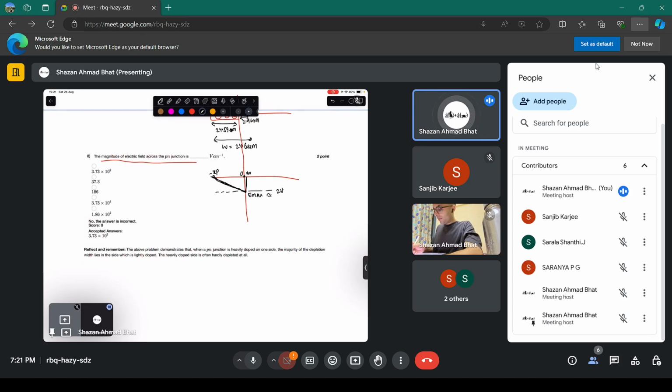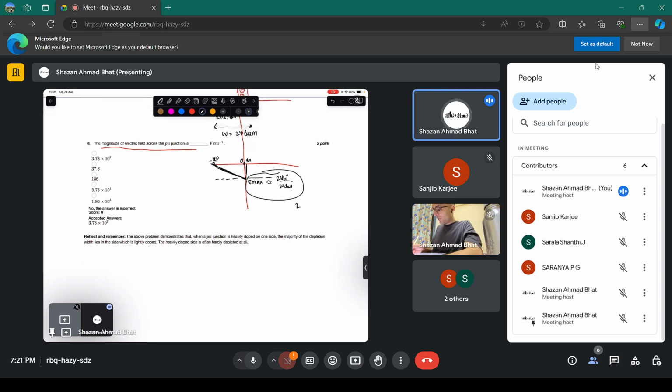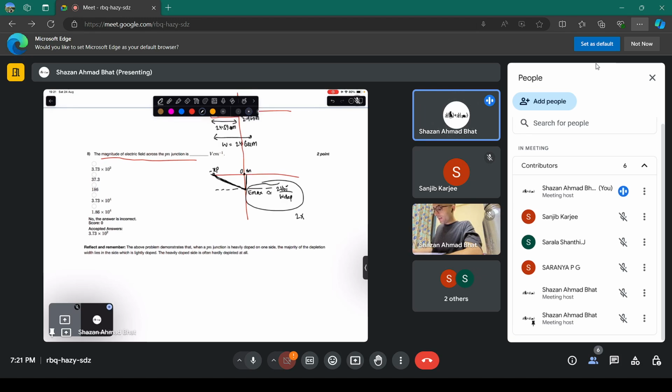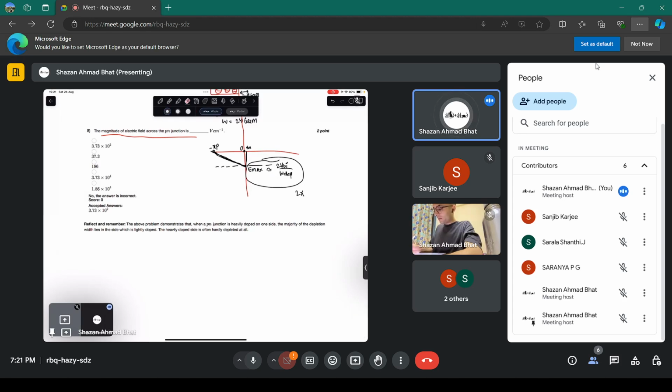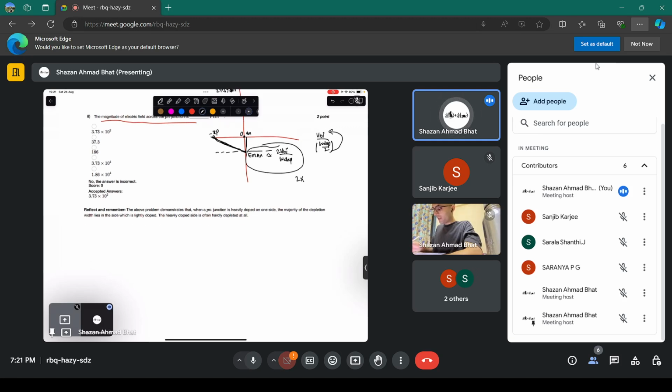Roughly it's equivalent to twice the built-in potential divided by the depletion width. Actually, it comes from taking the built-in potential times the depletion width divided by 2. This 2 goes up and you get the same thing.